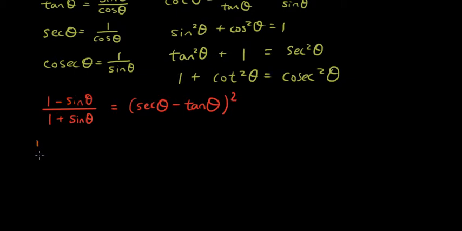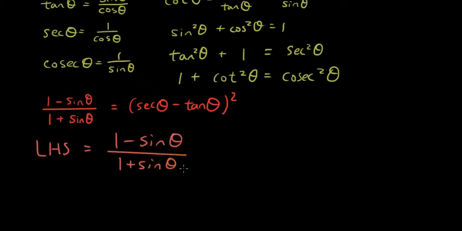I'm going to focus on the left hand side. So the left hand side is 1 minus sine theta over 1 plus sine theta. And with fractions, as you would know already, you can multiply both the numerator and the denominator by the same number and the fraction will stay equal.